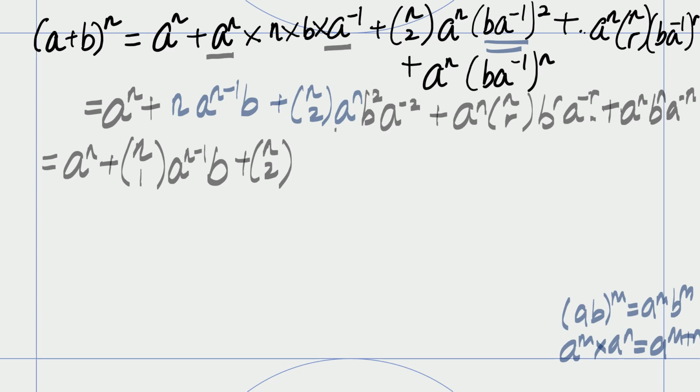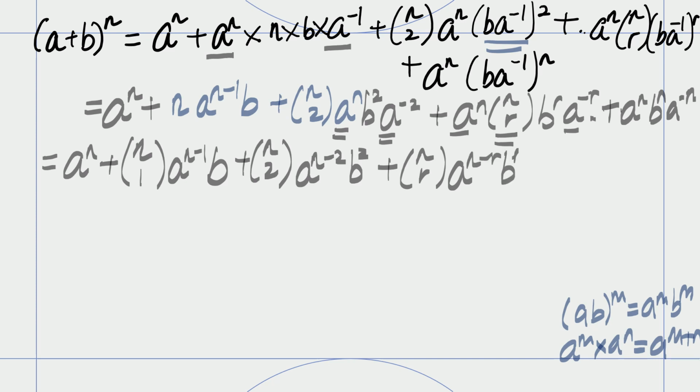Alright, so we're going to combine this together to get a to the power of n minus 2, then b squared. Right, I'm going to write this first. So that will be n choose r. This is the specific term in the binomial theorem. That will give me a, combine this and this. That will give me a to the power n minus r, b to the power r.